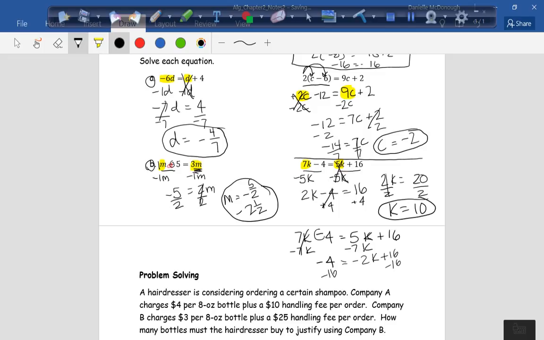I'm going to subtract 16 on both sides. Negative 4 minus 16 is negative 20 equals negative 2k, and then I would divide by negative 2 to get k equals 10. So did I get the same answer? Yes. So it doesn't matter which way you move your variable. I always like to try to keep it positive if I can, but it doesn't really matter.